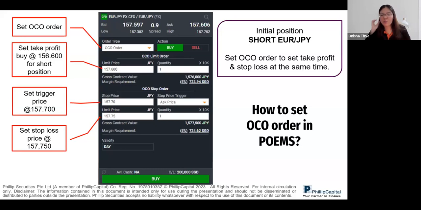Okay, from Dave Chi, where can I get the correlation analysis info? Normally, you can either search on Google, or you can do your own correlation calculation by getting the price data, putting it into Excel and doing the math for it.